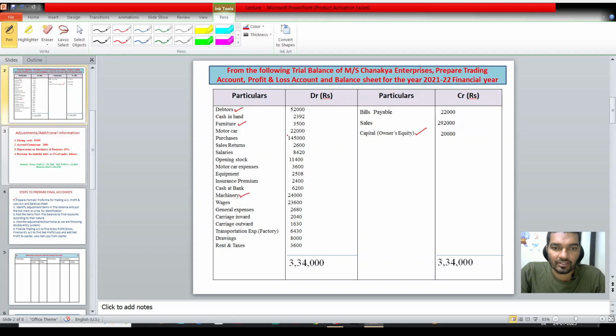Sales returns are given in the given sum, so we need to put the tick mark for the sales returns, and we need to put the tick mark for sales also, because sales returns always will be subtracted from sales. Similarly, purchase returns also are subtracted from purchases.